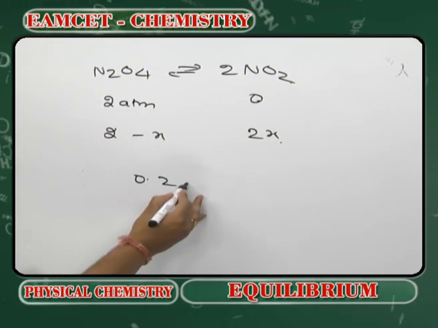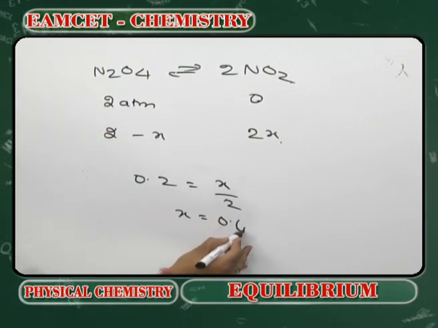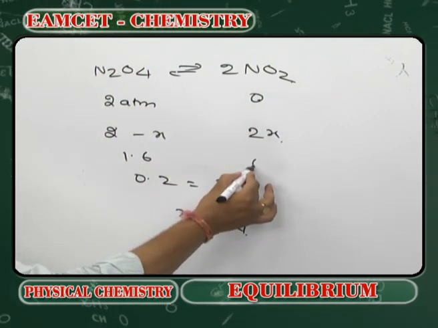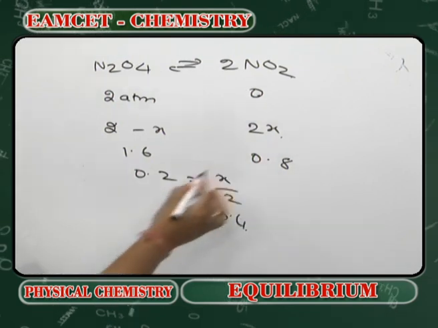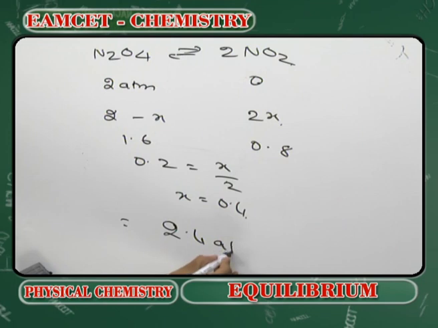Alpha value is 0.2, x by 2, so x is equal to 0.4. This will be 1.6, this will be 0.8. Total pressure will be 2.4 atmospheres.